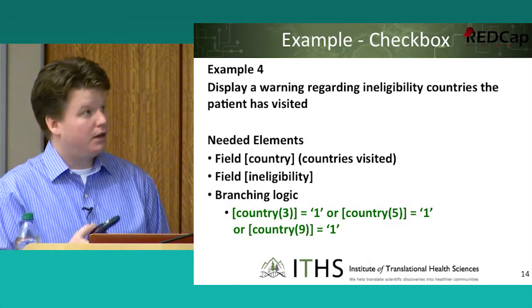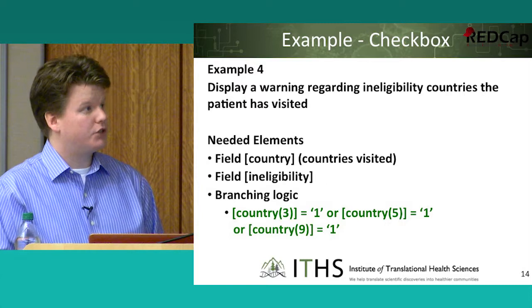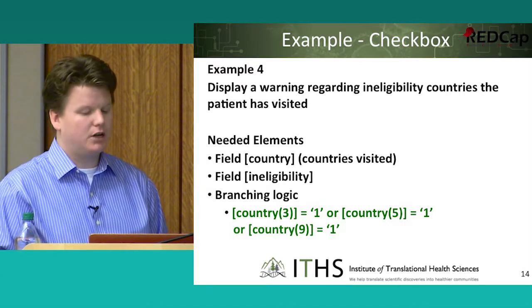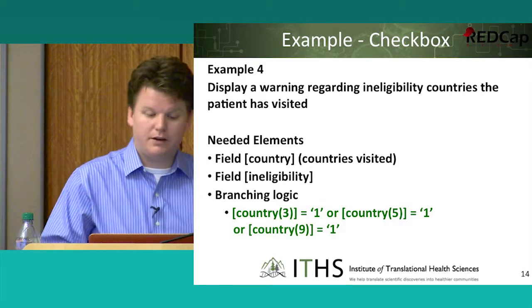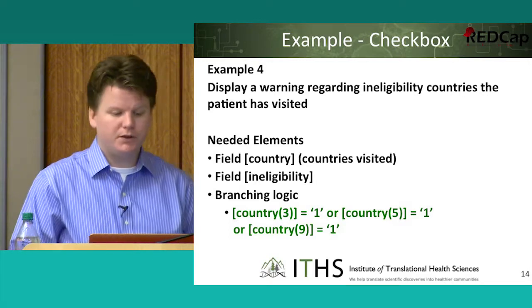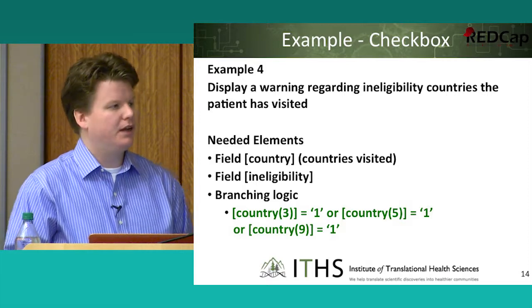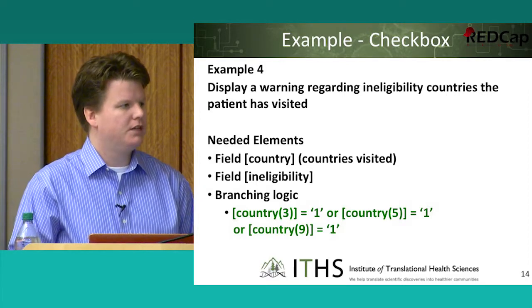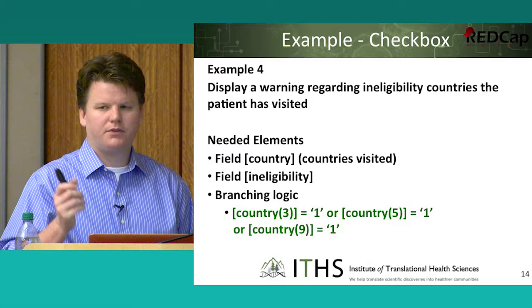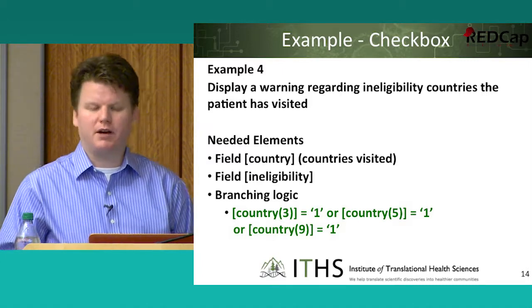Example number 4, checkbox, similar to what we just saw, but as an actual example. Again, we want to hide or show the ineligibility field based on the countries that a person visited. In this case, I had 10 countries ranging from Germany to South Africa.